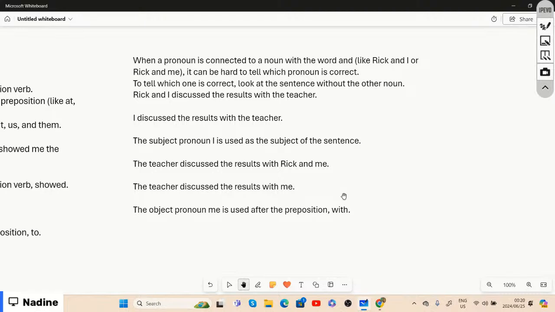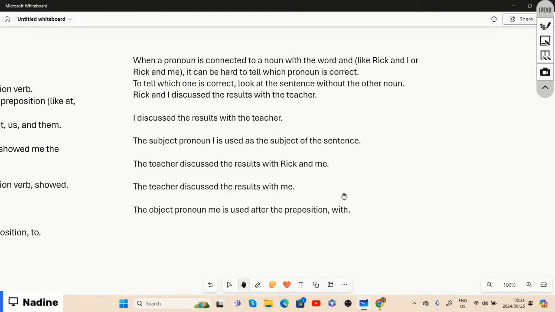Sometimes you won't know when to use, should I say Nadine and I, or do I say Nadine and me. So now we're going to find out how we can use a subject pronoun and how we can use an object pronoun when we have the word and.